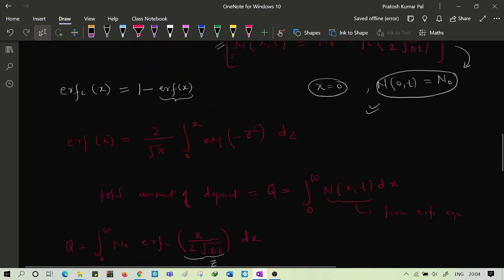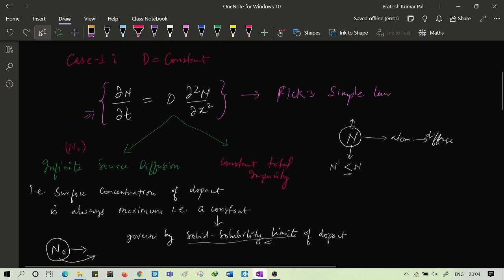So till now we have seen the first part, that is infinite source diffusion. The next we will see the constant total impurity. So here in this case the concentration of dopant is constant, and if it takes some time to diffuse, then its concentration will be reduced.